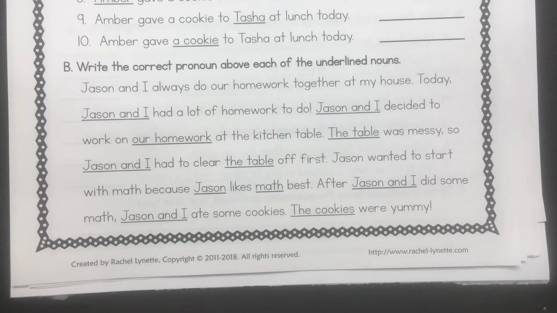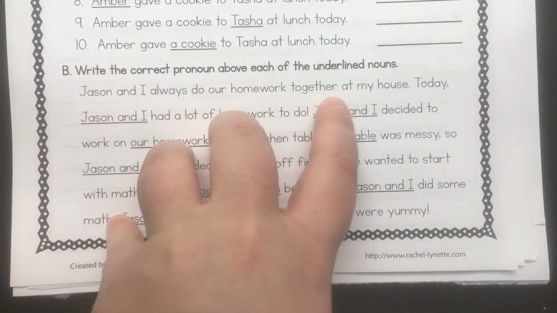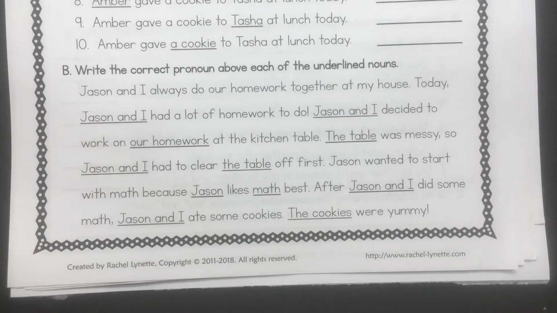So this is now the same exact thing, but they're giving it to you in a paragraph format. So Jason and I always do our homework together at my house. Notice right now that they have started all the sentences the same, and they have repeated Jason and I repeatedly.